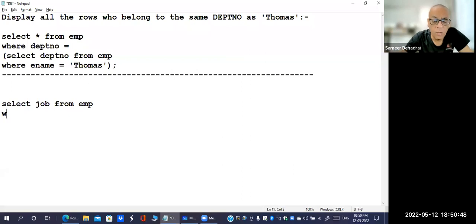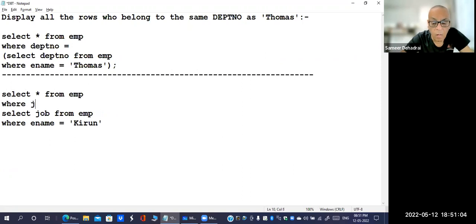Select job from EMP where ename equal to Kiran will show me the job of Kiran. Once I know that, now I can say select star from EMP where job is equal to this value will show me all the rows, same job as Kiran.